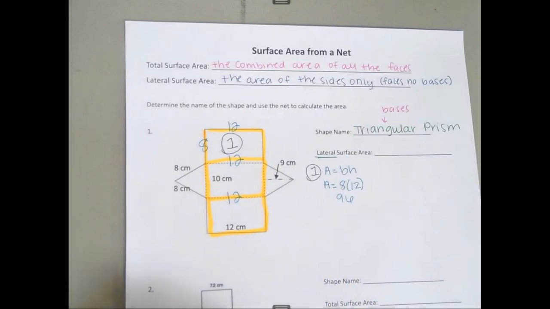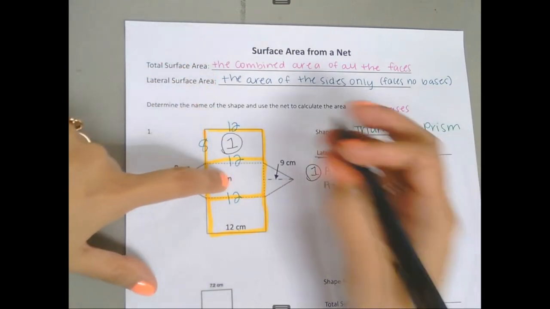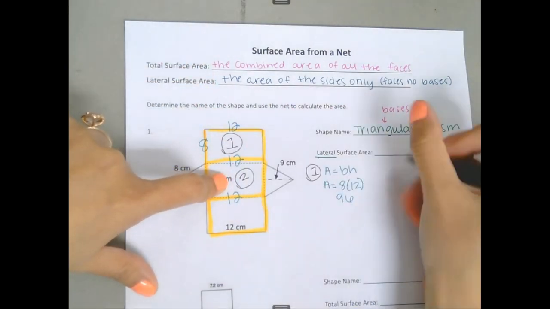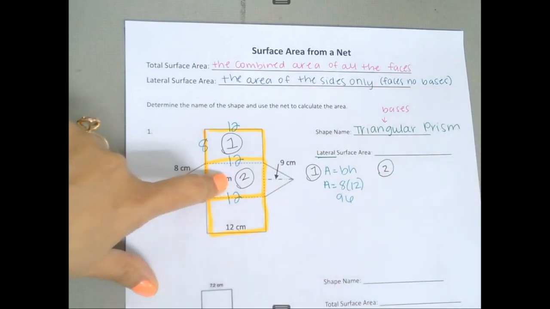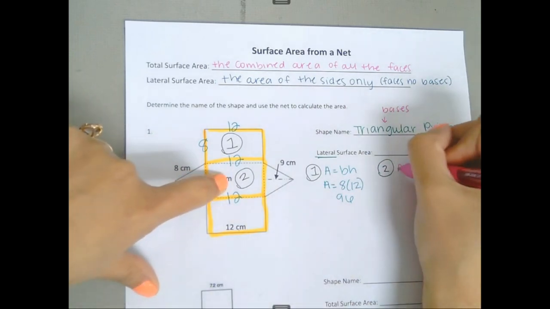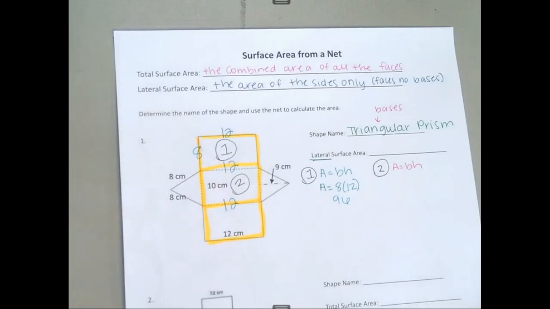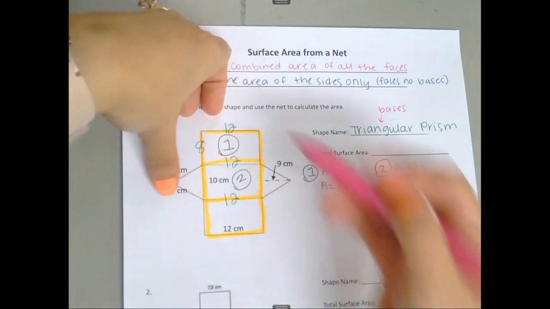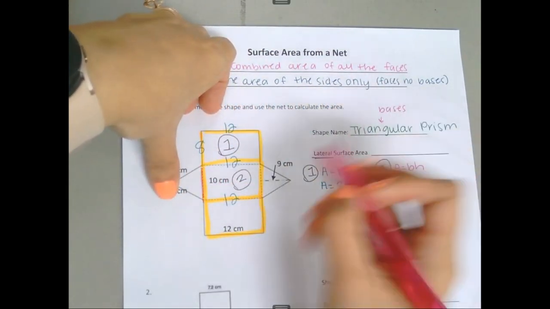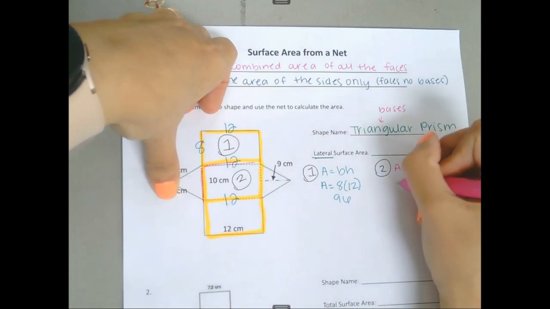Okay. Now, if I do the middle rectangle, number 2, it is still a rectangle. So I'm still going to be using A equals BH. But this time, I'm going to be using 10 and 12.